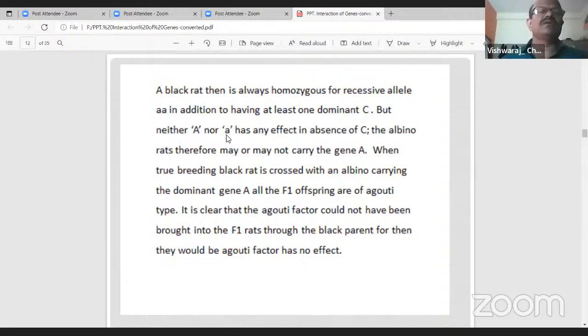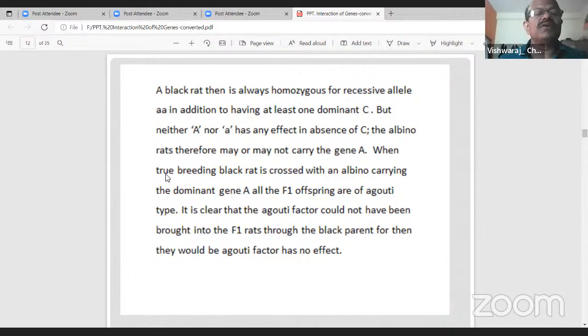We have seen dominant and recessive terminology. The albino rats therefore may or may not carry the gene A.